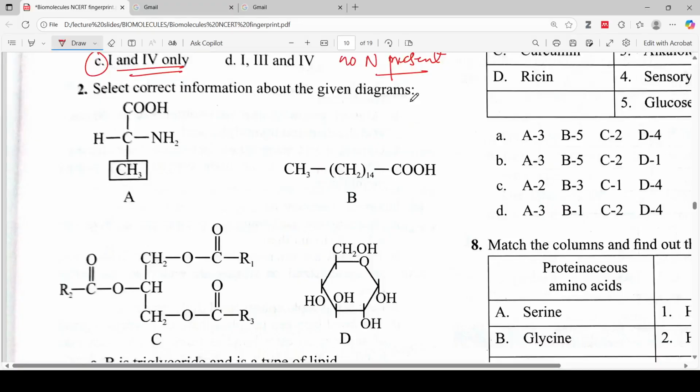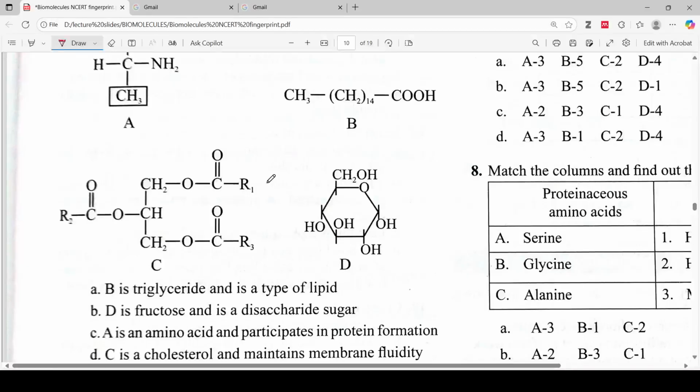A, B, C and D are given. You have to choose.